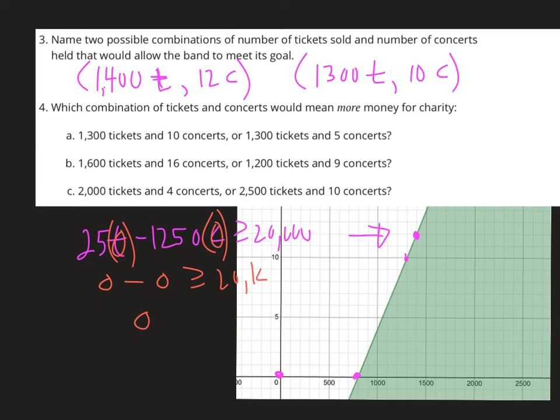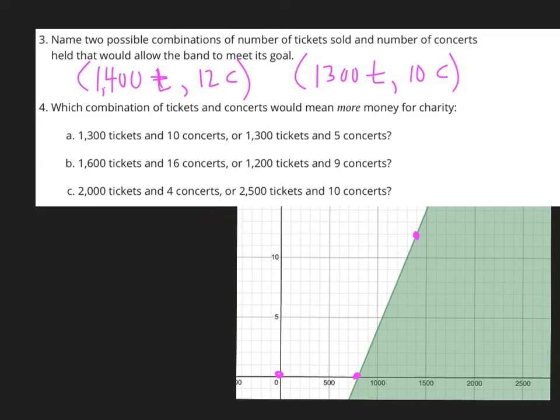So the origin is not where I should shade. So I should shade over here. So really any point in that green area would satisfy us. Like, oh, I don't know, say like 2,000 tickets and 5 concerts. That satisfies us. 2,000 tickets and 1 concert. That would satisfy it. So now let's start going through this list here and see what we get.